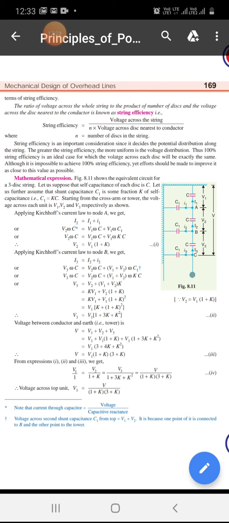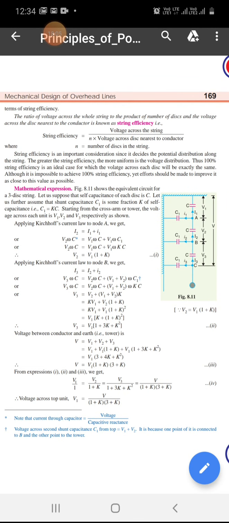Now V3 is equal to V2 plus (V1 plus V2)K, which is equal to KV1 plus V2(1 plus K), which is equal to KV1 plus V1(1 plus K) squared, which is V1 times (K plus 1 plus K squared). That means V3 will be equal to V1 times (1 plus 3K plus K squared).